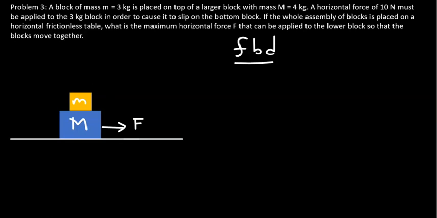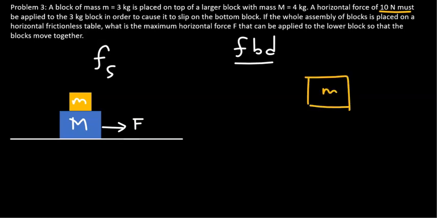Since we are told that a horizontal force of 10 newtons must be applied to the 3 kg block in order to cause it to slip on the bottom block, there must be a friction between the surfaces of the smaller block and the larger block. And the friction that we are referring to is the static friction.